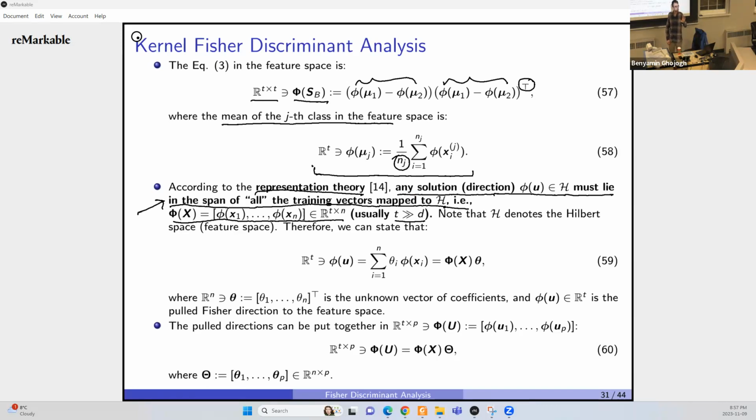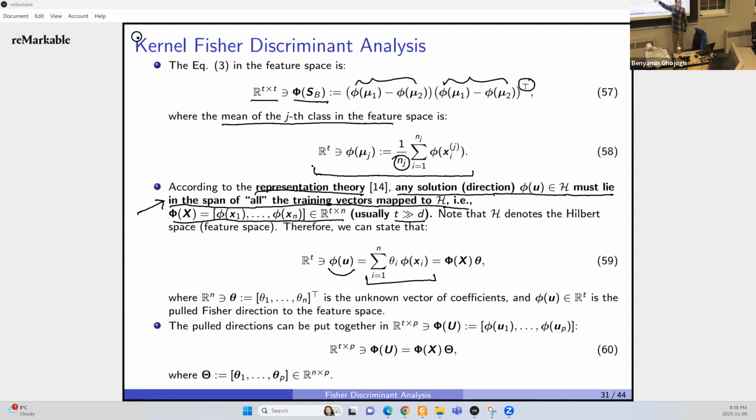Agreed? So far clear? Then when I say a span of all of these, what do I mean? A space whose basis vectors are phi x1, phi x2 until phi xn. So far clear? Did you get it? Span. So when I say this space is spanned by 3 basis vectors, what does it mean? Every point in this space is a linear combination of these basis vectors. So far clear? Every phi u in this space is a linear combination of phi x1 to phi xn.